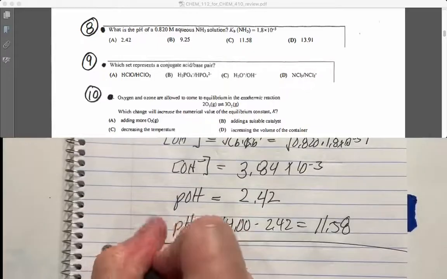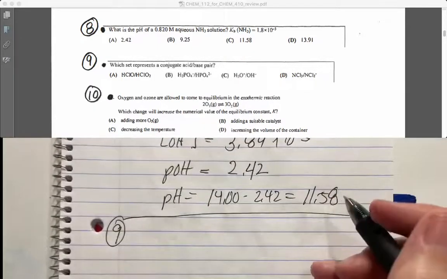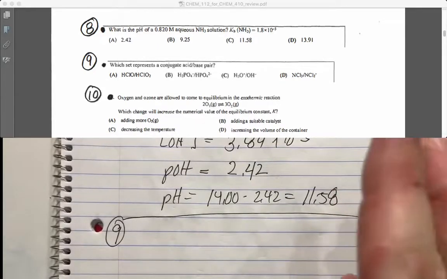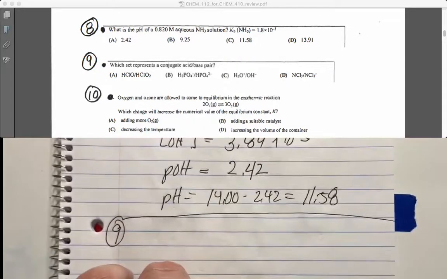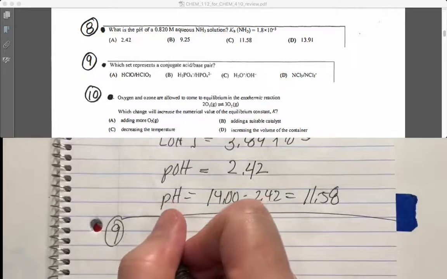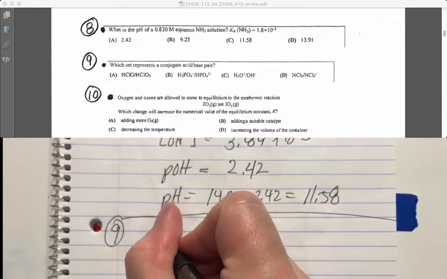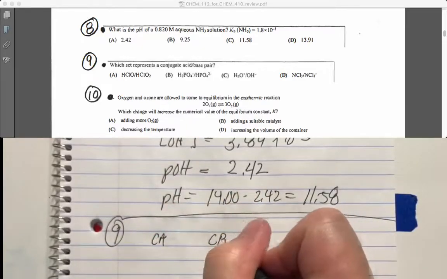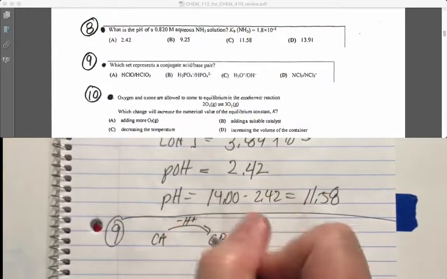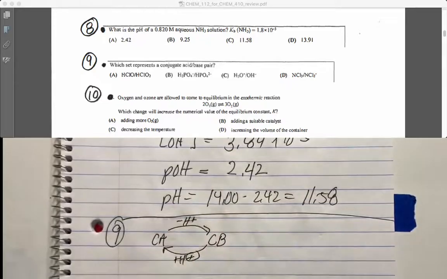This next one, again, not a calculation problem, but it is a descriptive kind of problem, and it says which set is a conjugate acid conjugate base pair. Okay, conjugate acid conjugate base pairs differ by a proton.